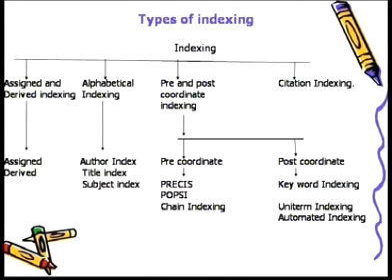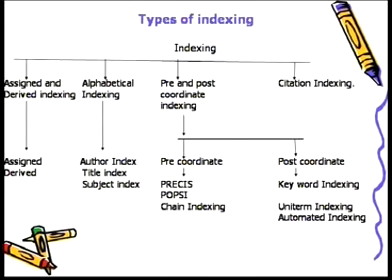Now in this tabular form we have described the types of indexing. First is assigned and derived indexing. Second is alphabetical indexing. Third is pre and post coordinate indexing. And fourth is citation indexing. Assigned and derived indexing has two parts: one is assigned, another is derived.